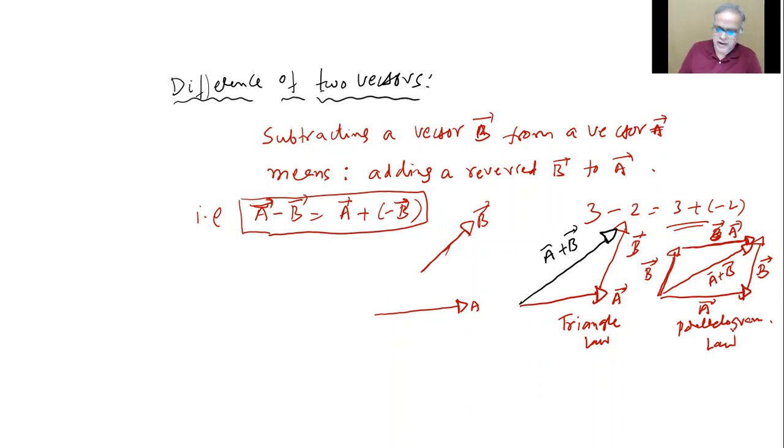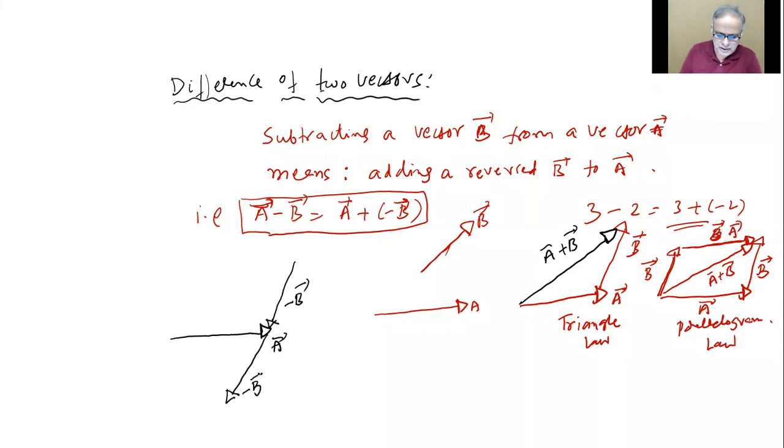But now what do you do for a minus b? Look, I'll be doing it on the left side. I have a as it is. Now I will reverse b like this. This is my reverse b. To follow the tail to tip method, I'll just parallel transport it like this.